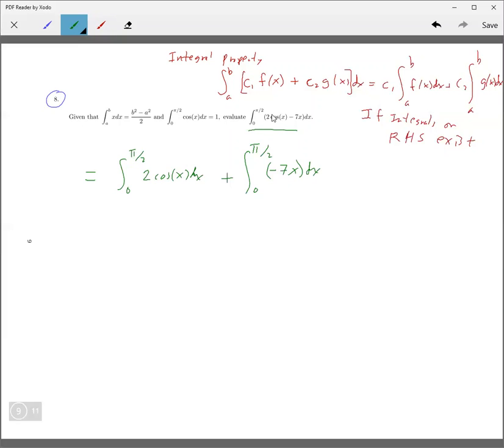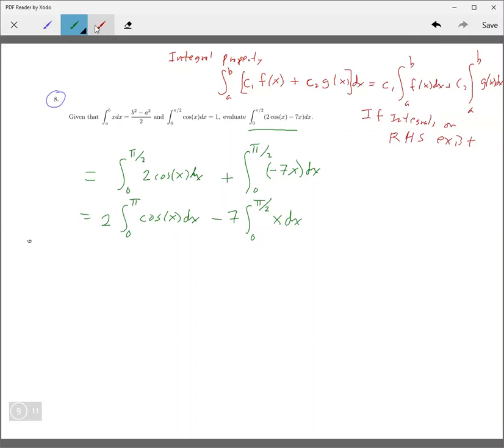So we're integrating this one right here, plus the integral of this negative 7x, right there. Then I can pull the constants out. You can't pull functions out, by the way. That gets into lots of trouble. So you can't pull the x out. So I was just showing you what you can't do. This x has to stay in there.